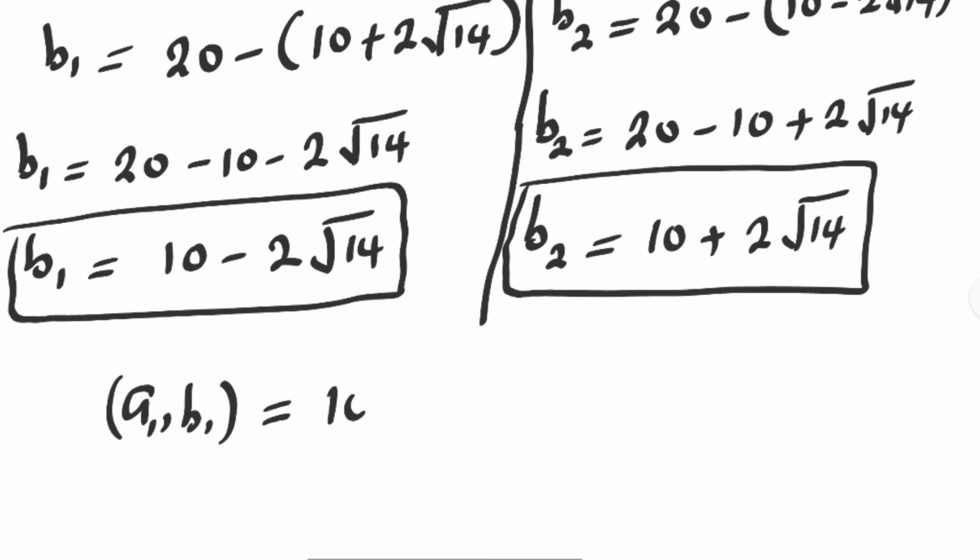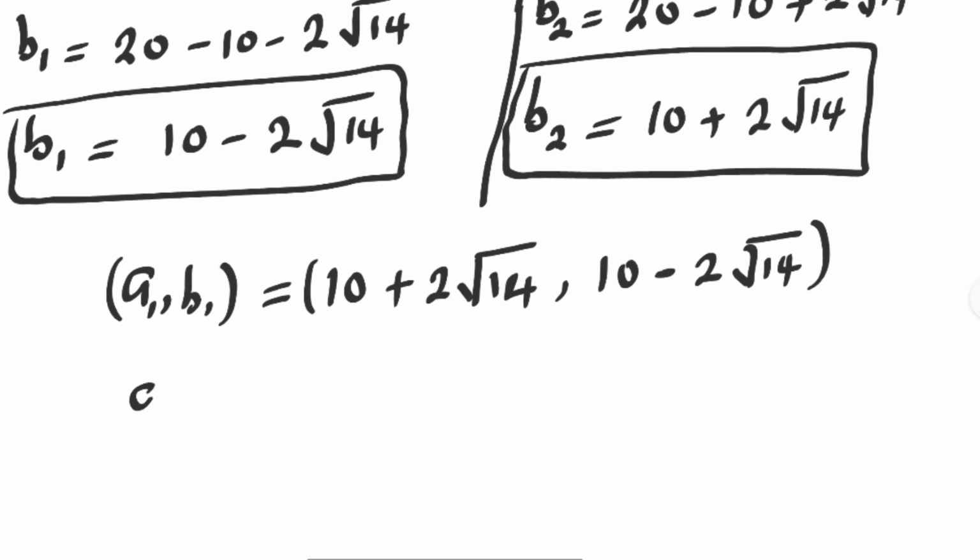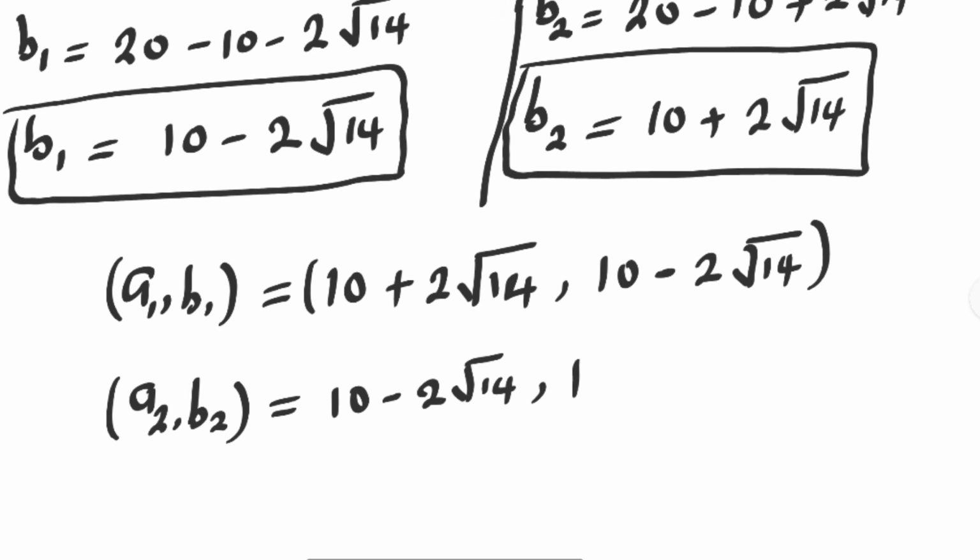Therefore, our final answers are A1, B1 is equal to 10 plus 2 square root of 14, 10 minus 2 square root of 14. A2, B2 is equal to 10 minus 2 square root of 14, 10 plus 2 square root of 14.